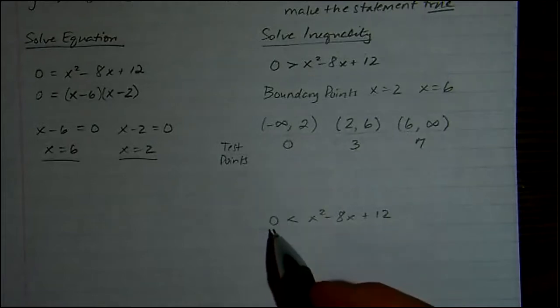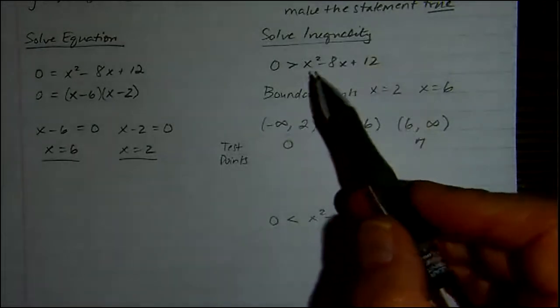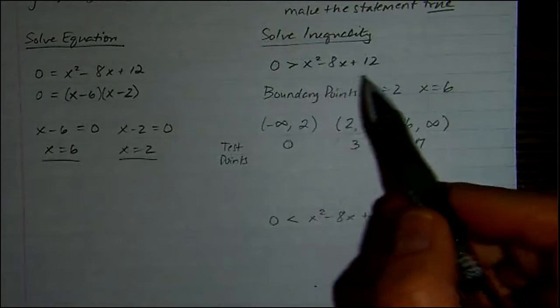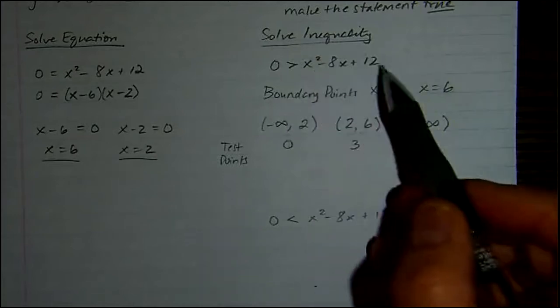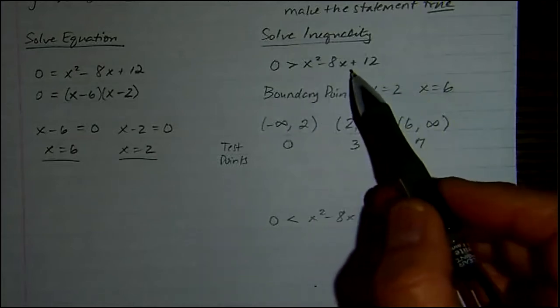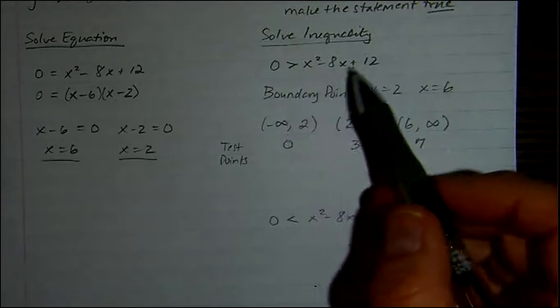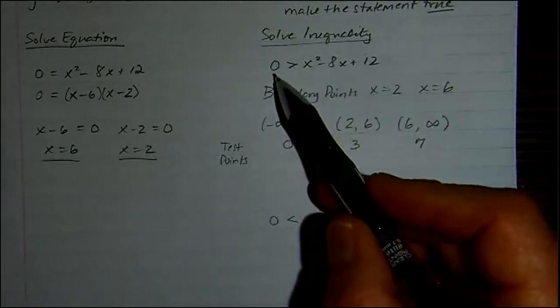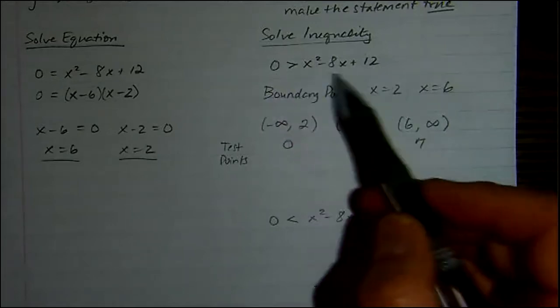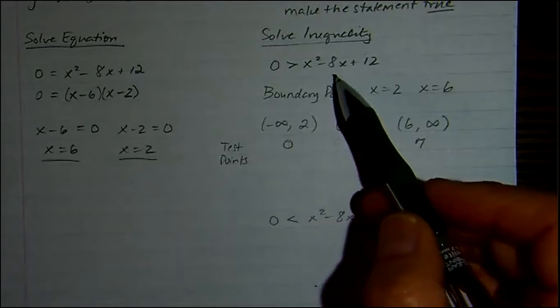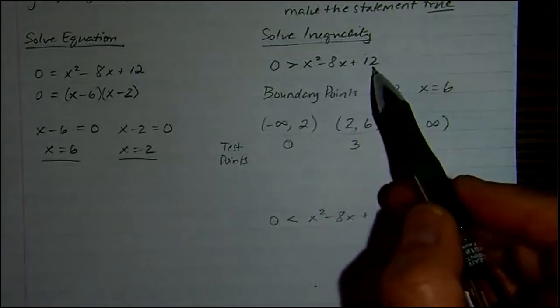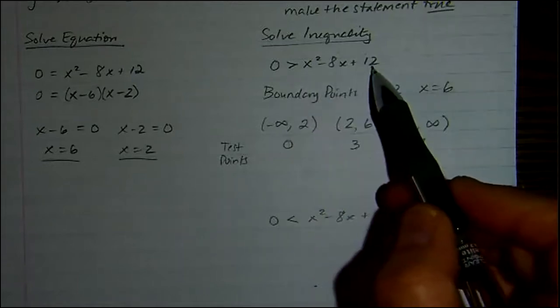Then what am I looking for? I'm looking for any value of x where the value of the expression is less than 0. So all I really want to know is, is this number positive or is this number negative?